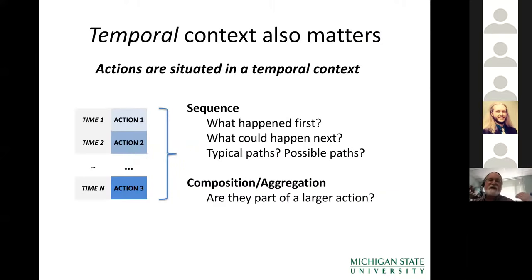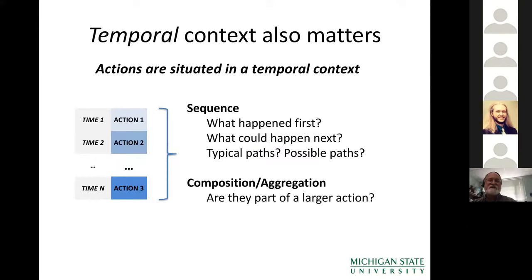And timing matters, or temporal context. What happened first and what happened next? In sports, it's like, did you make it to first base before the throw? Are you safe or are you out, right? Sequence matters tremendously in some situations, but not so much in other situations.